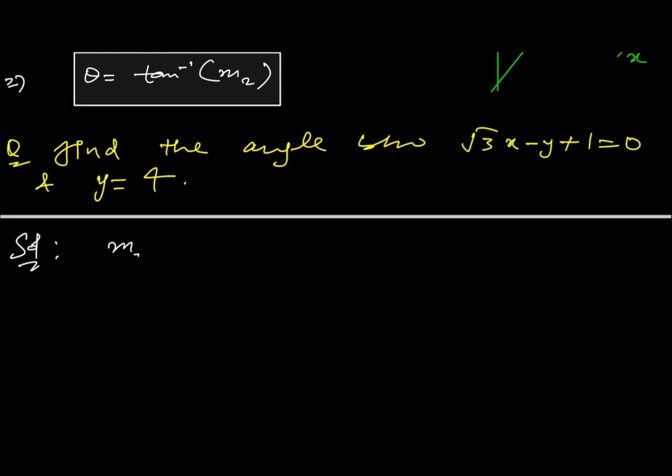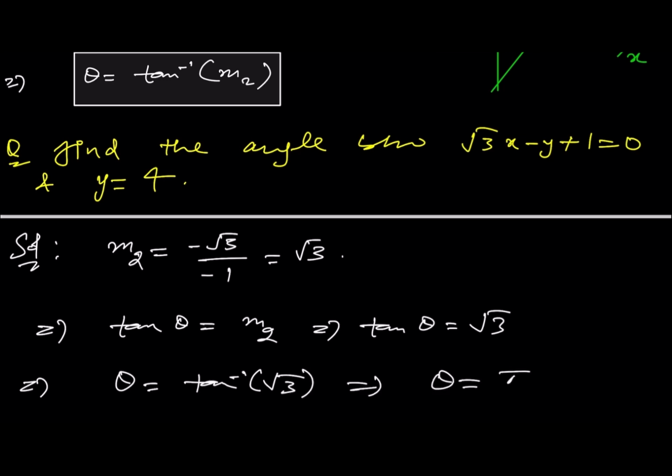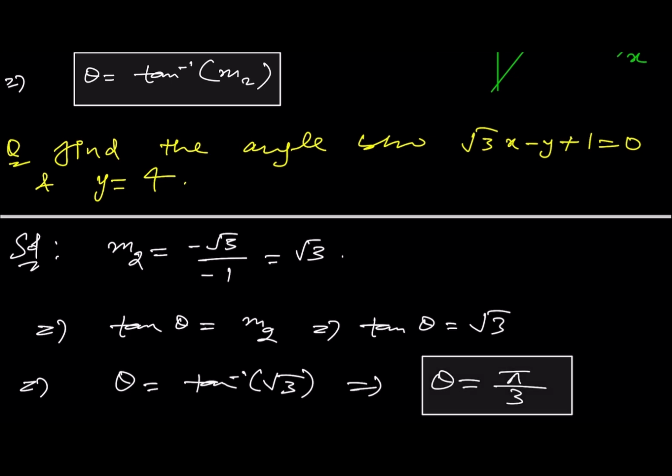So first of all, write its slope, which is again minus root 3 upon minus 1, which is root 3. So tan theta can be directly written as m2, which is root 3. So theta will become tan inverse root 3, or theta is pi by 3, right?